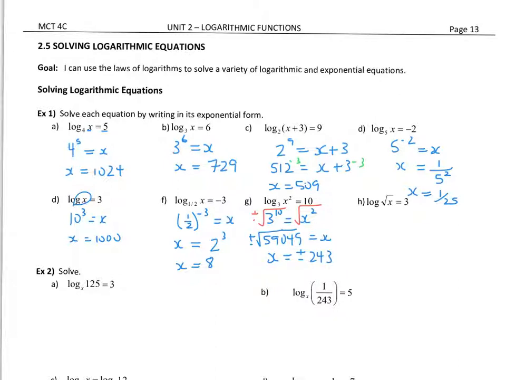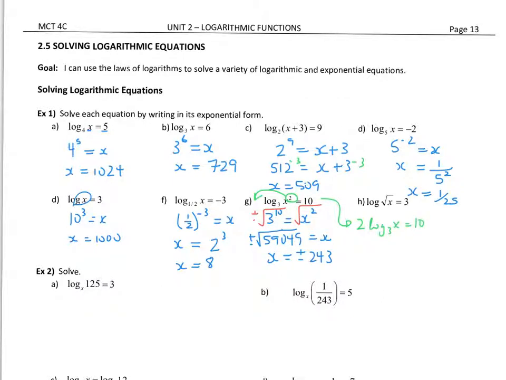I'm going to show you an alternate solution to that one. We could also apply our power law of logs, and that too potentially could go down into the front. And then we could divide both sides. So I'm going to do a second solution here. We could write that as 2 times the log.